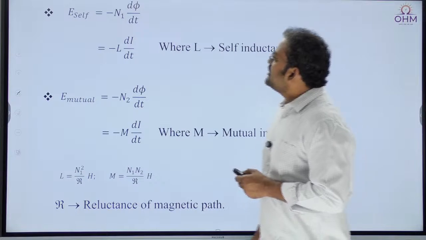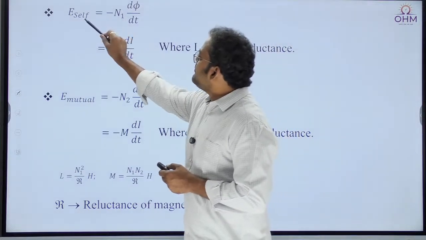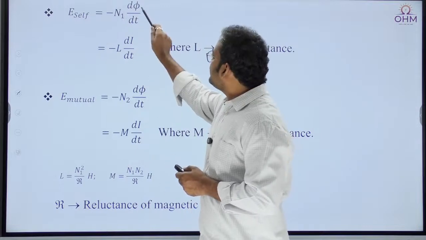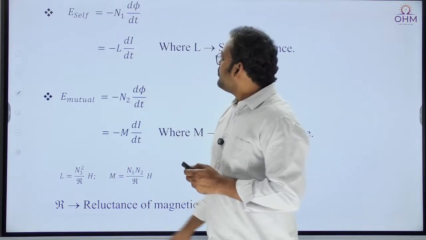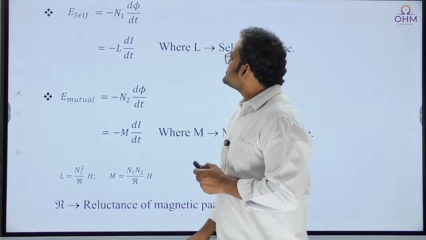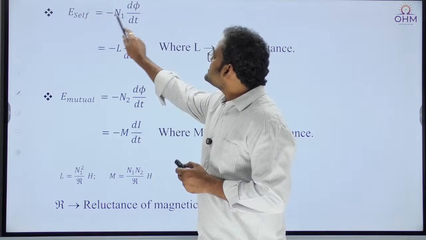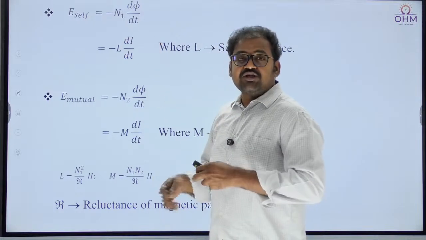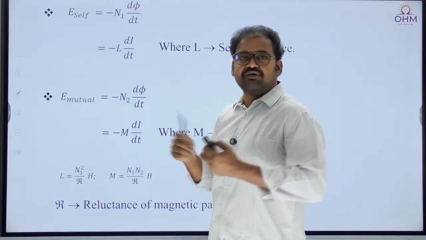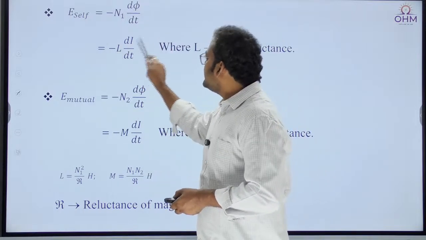Let us write down the formulas now. Self EMF is equal to minus N1 d phi by dt, where phi is the mutual flux. Why the minus? We discussed that already, as per Lenz's law. You can also write that formula as minus L di by dt.